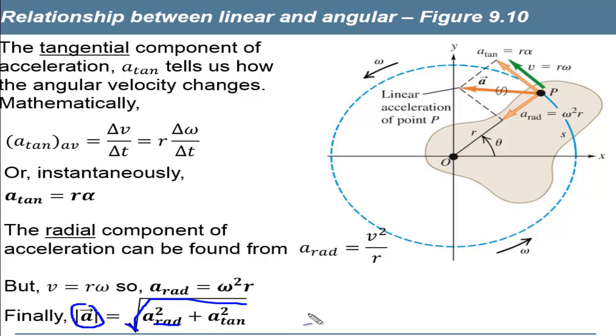So it's the square root of a radial squared plus a tangential squared that gives us the magnitude of acceleration of the entire thing, which is this right here. This is our magnitude of acceleration. We can also get a direction from it as well, same way we have in previous chapters.